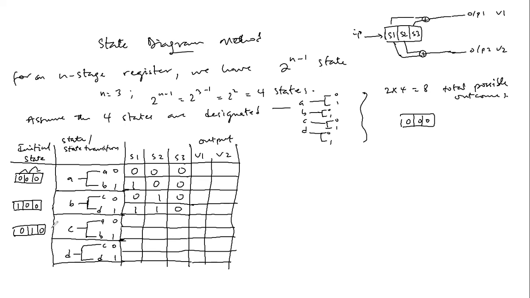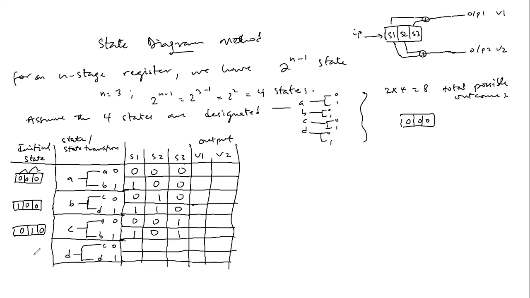0, 1, 0. So when we feed in a 0, this 0 moves to the next shift register, that's 0, and the 1 moves to the next shift register, that is 1. And when we feed in a 1 here, this 0 moves to the next shift register, and the 1 moves to the next shift register, 1.